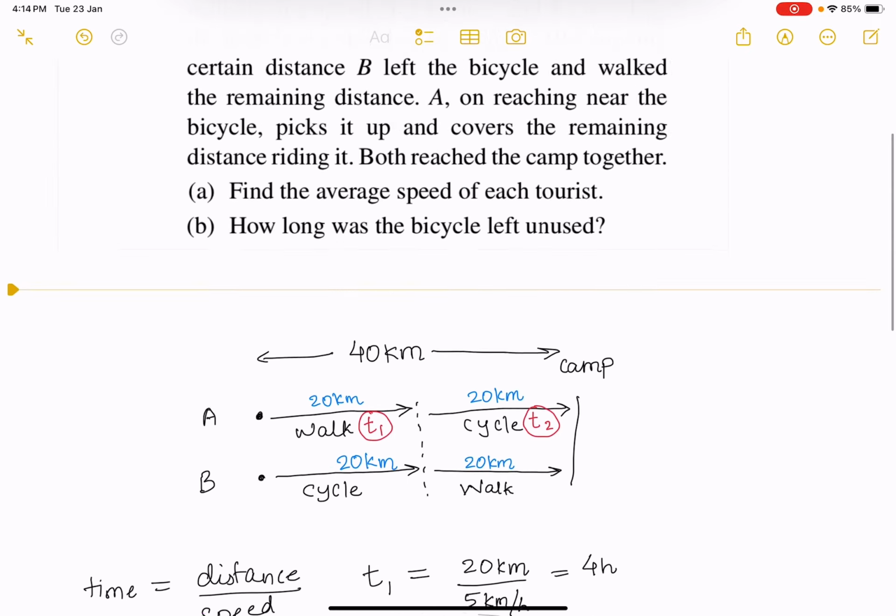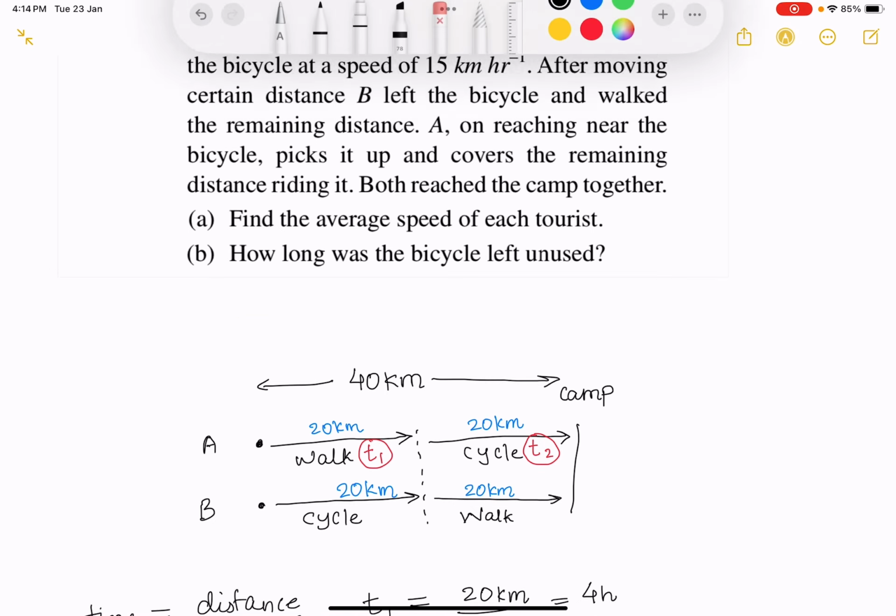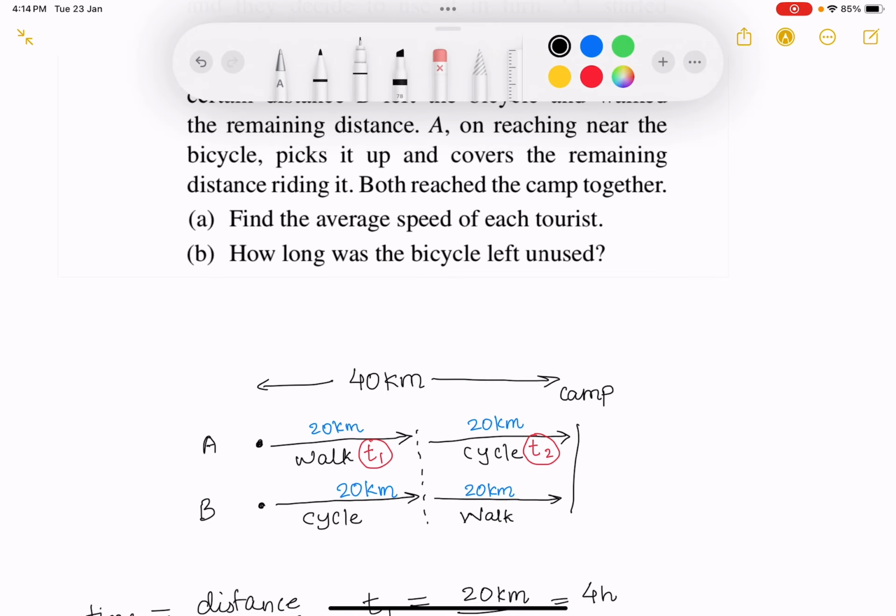The second part is how long the bicycle was left unused. What we need to understand is that if B starts off with a bicycle, then B will take time T2 first on the cycle and then time T1 during walking.